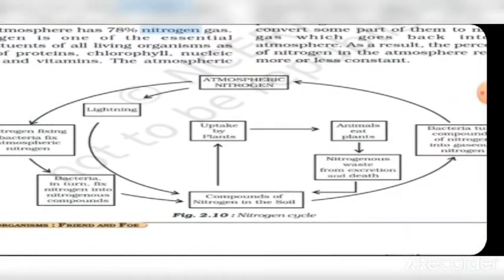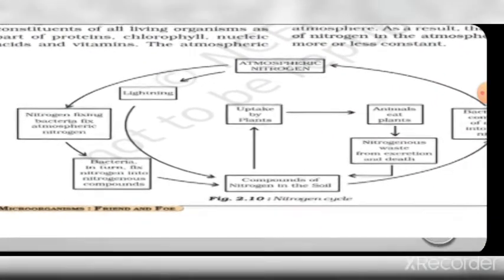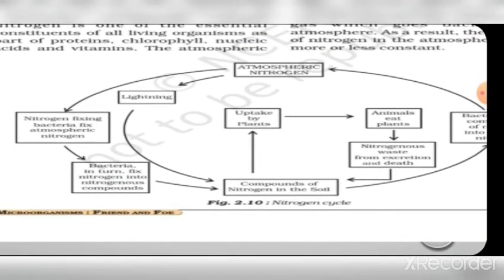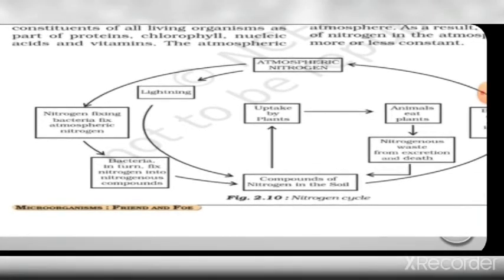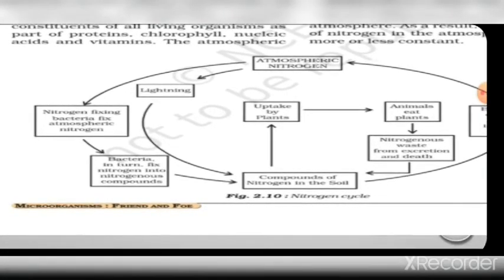See, the atmospheric nitrogen is converted into nitrogenous compound by the lightning process and by the nitrogen fixing bacteria.